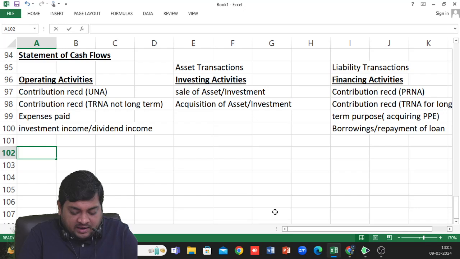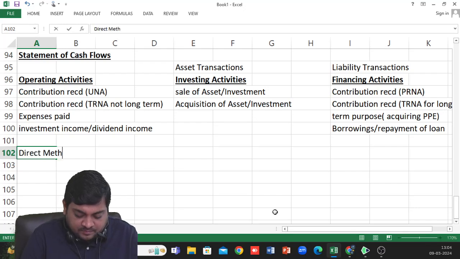This can be done by direct method or indirect method.